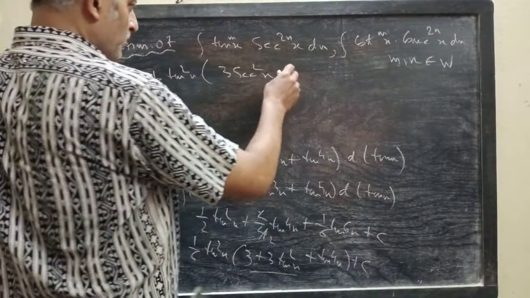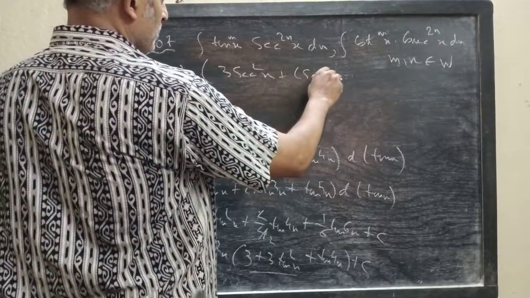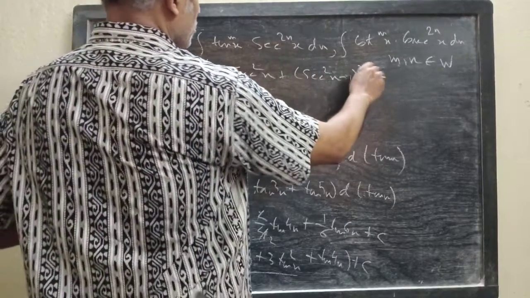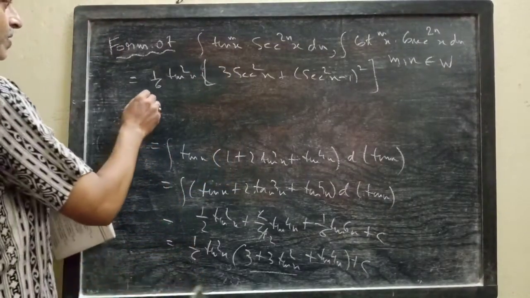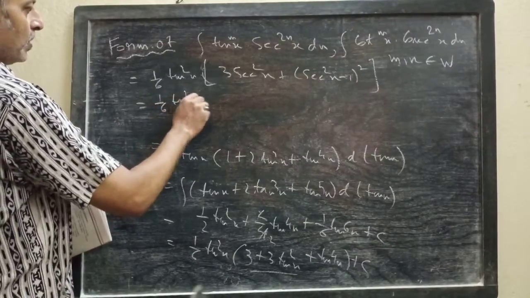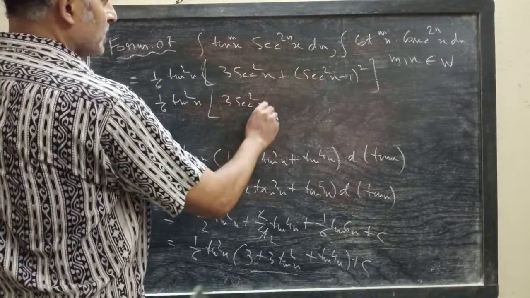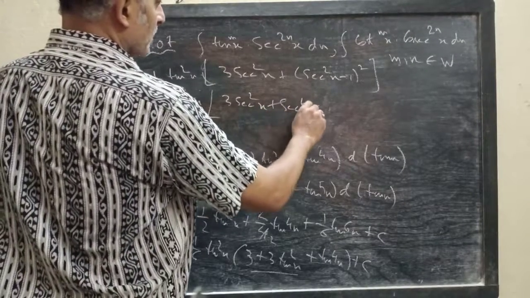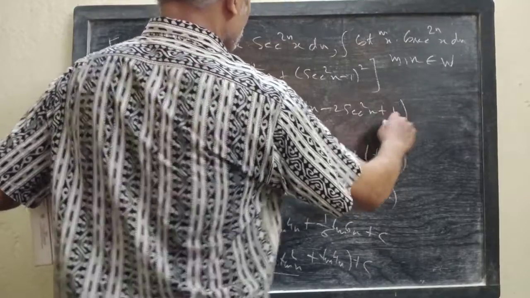This is tan to the power 4x. Tan to the power 4 means sec square x minus 1 its whole square. Tan square x, sec square x, sec to the power 4x minus 2 sec square x plus 1.